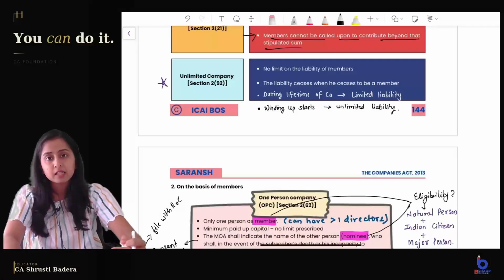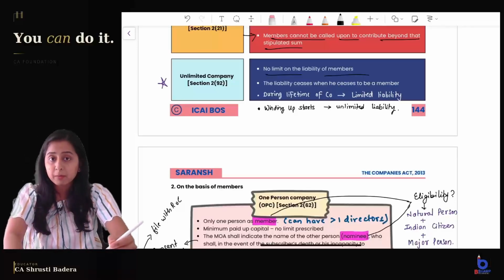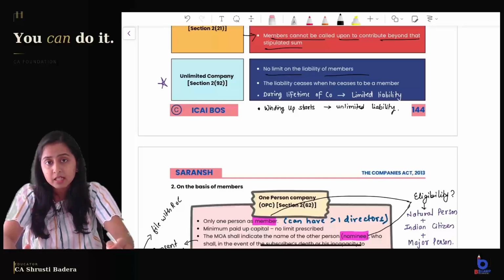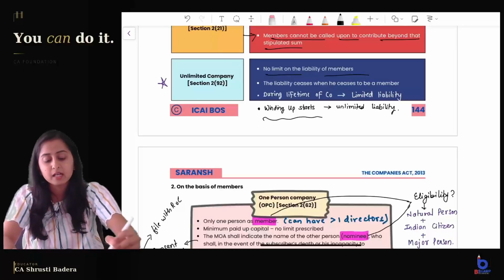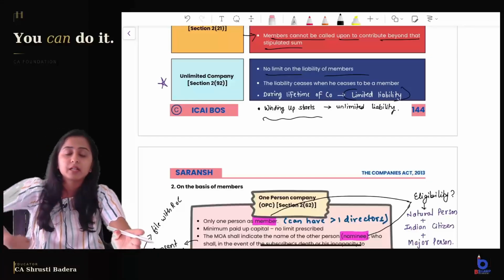Then we have unlimited company. In case of unlimited company, there is no limit on the liability of the members, but very important that this unlimited liability is arising only at the time of winding up. During the lifetime of the company, the liability of members is limited, and only at the time of winding up the liability becomes unlimited.